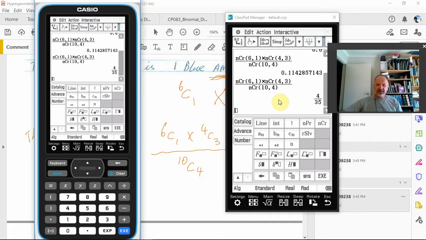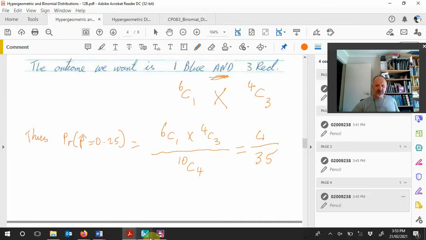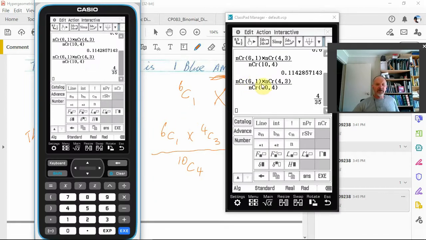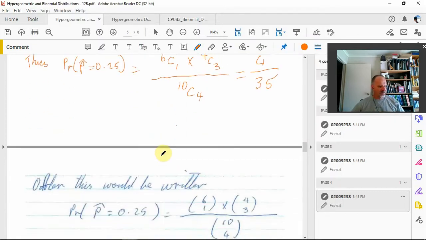Let me just make sure I entered those correctly. Yep, 1 out of the 6 blues, 3 out of the 4 reds, and we want 4 out of the 10. Okay, so that's what I've got.